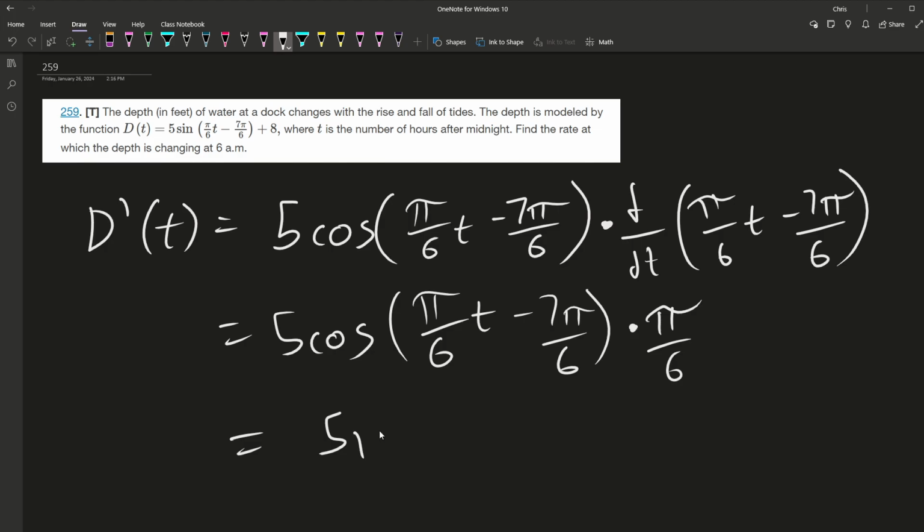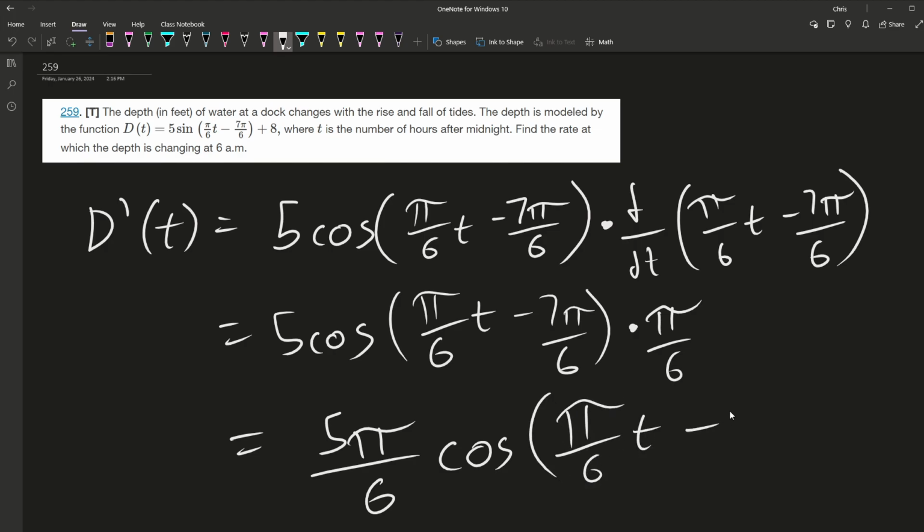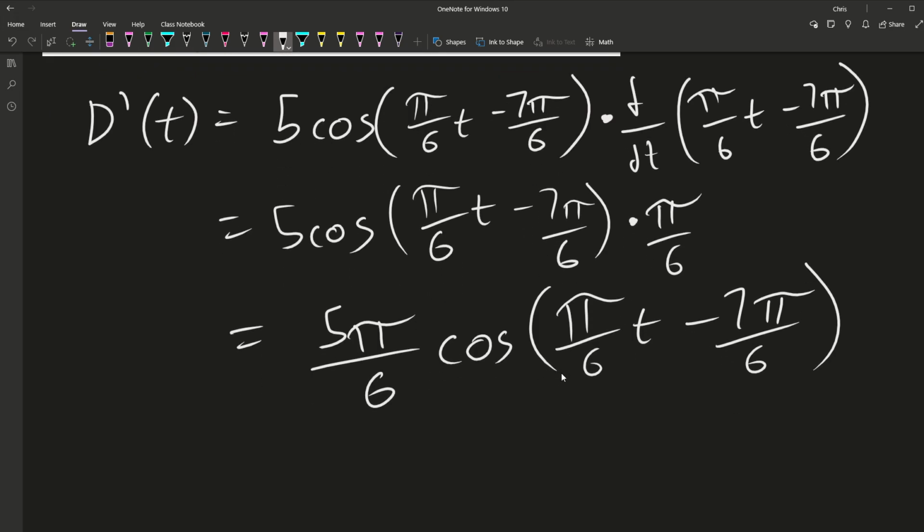And this is 5 pi over 6 times cosine of pi over 6 t minus 7 pi over 6. This is d prime of t.